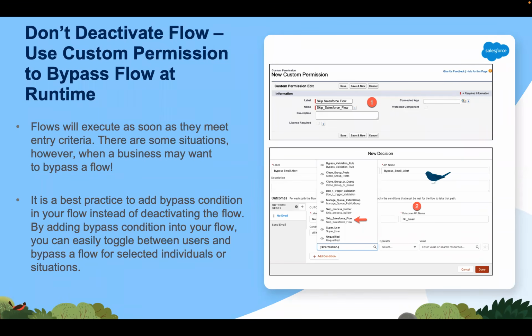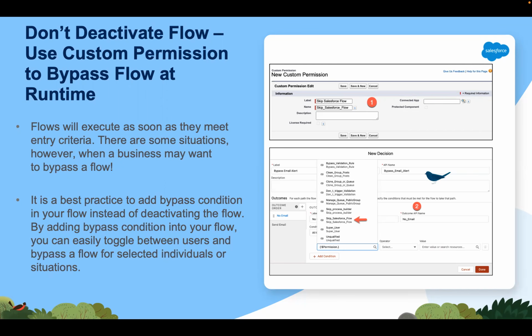You don't have to deactivate it. You can use a custom permission to bypass flows at any given point. Create a custom permission, and then you can check it using $Permission and the custom permission name, and see whether it is assigned or not assigned. You can assign a custom permission to any user. The best way is to use a permission set and assign that permission set to any user.